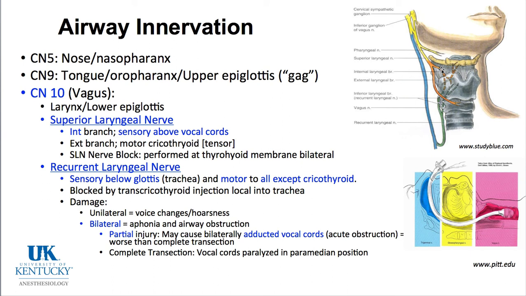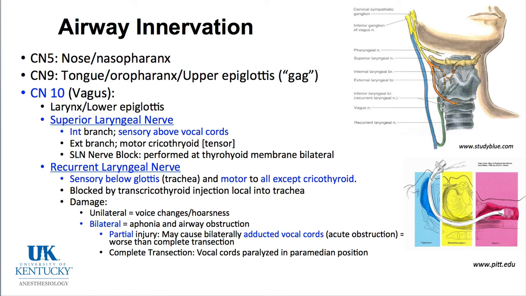All other muscles of the airway are supplied by the recurrent laryngeal nerve. We can block the superior laryngeal nerve at the thyrohyoid membrane bilaterally.